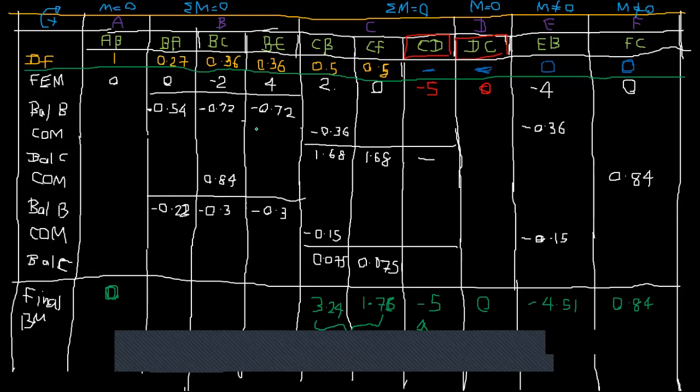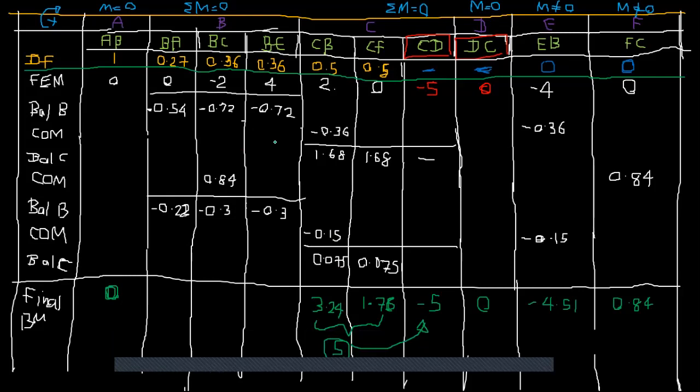So again, you can go here and 4 minus 0.72 minus 0.3. So that's going to be 2.98.